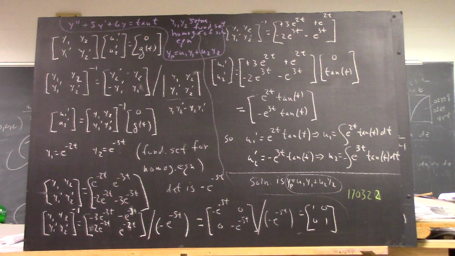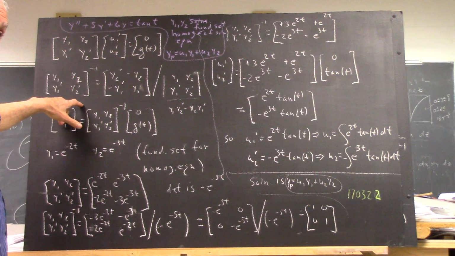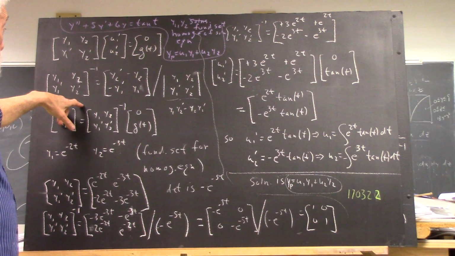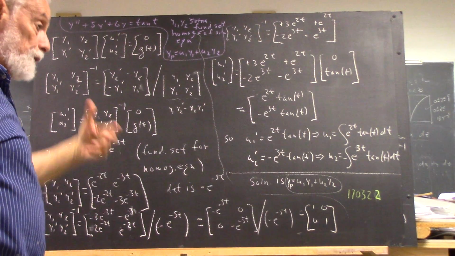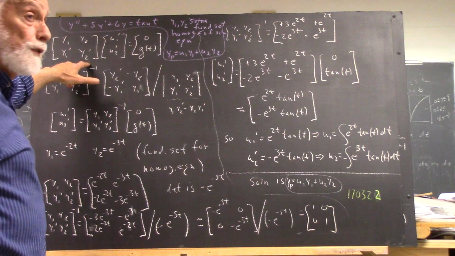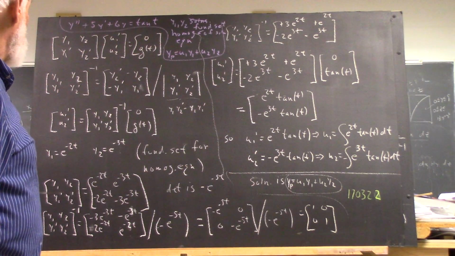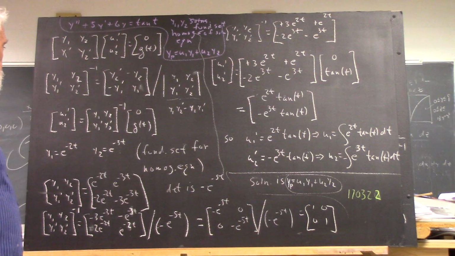That's related to the fact that you want to invert this matrix. If you don't have a fundamental set, the determinant of this matrix is going to be 0. It's not going to be invertible. If you have a fundamental set, the Wronskian is non-zero, and of course this determinant is just a Wronskian.